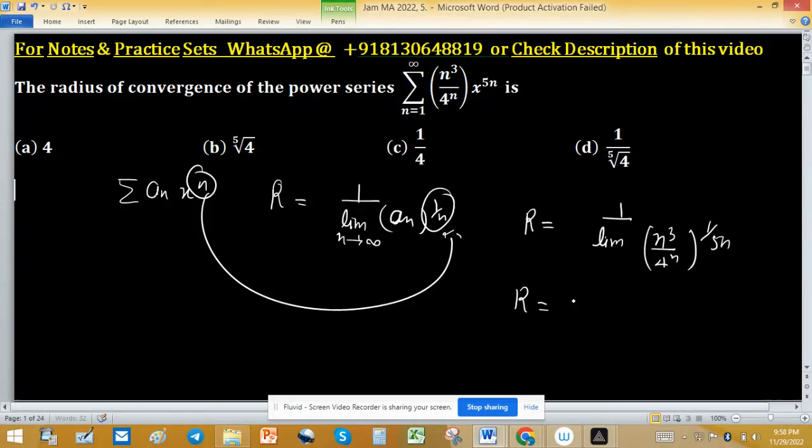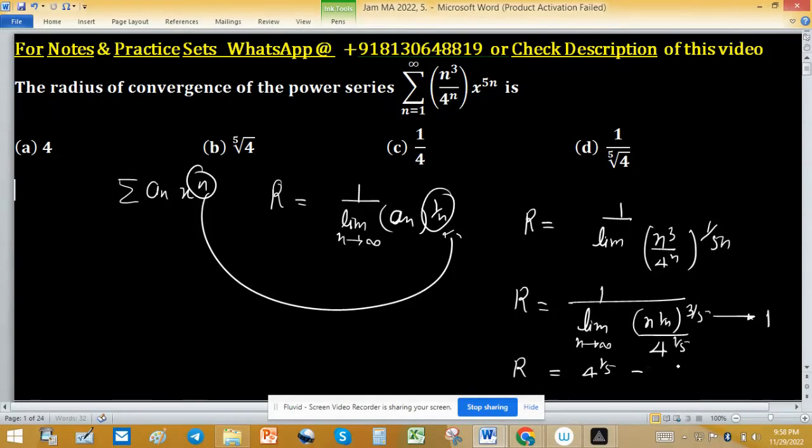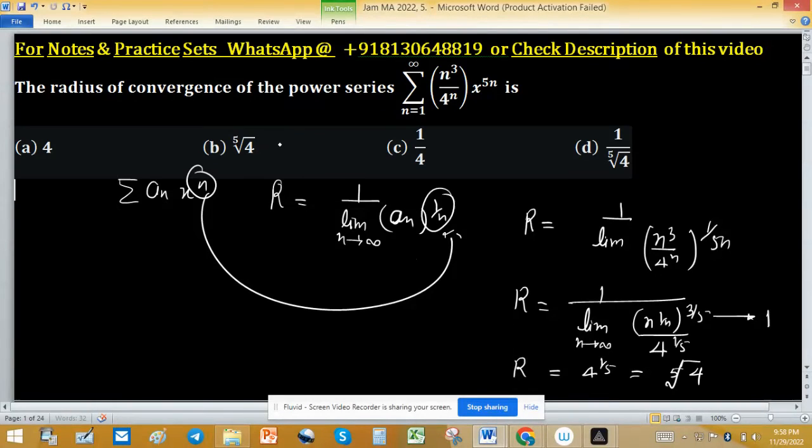So r equals 1 upon the limit of n raised to the power 3 upon 5n times 4 raised to the power 1 upon 5. The first value is going to 1, that's why r equals 4 raised to the power 1 upon 5, or the fifth root of 4. Option B is correct.